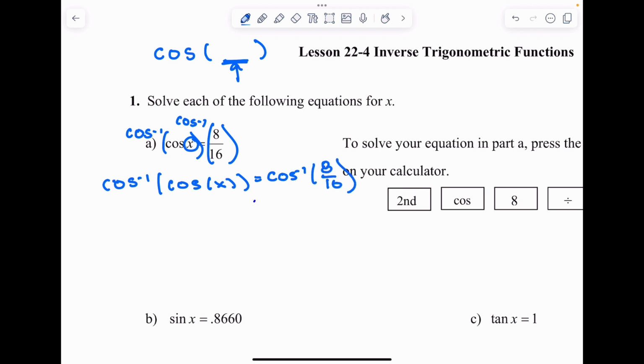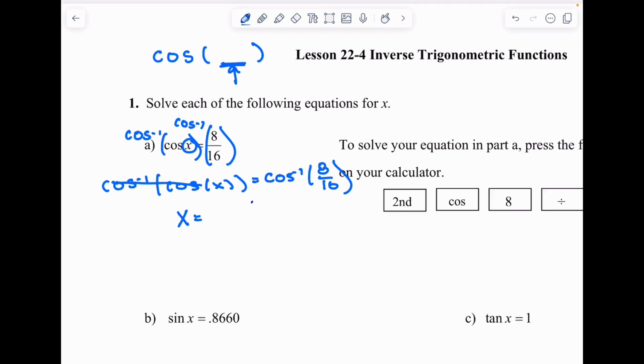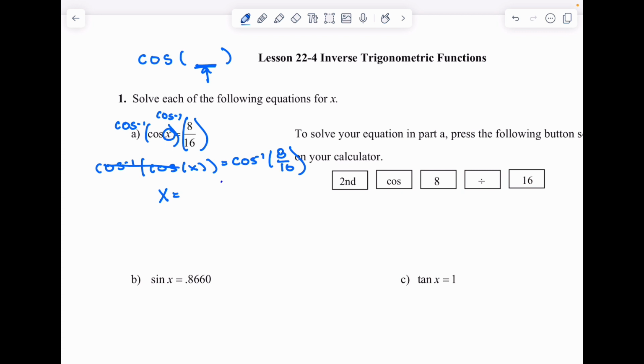Because the inverse cosine cancels out the cosine and will leave me with just x. In order to type in the inverse of cosine into your calculator, here are the instructions. You press the second button, then cosine, and then type in your 8 divided by 16. The inverse cosine of 8 divided by 16 will get you 60.